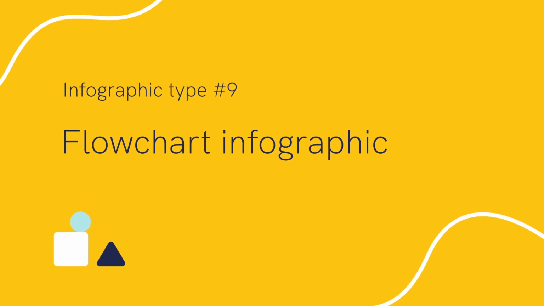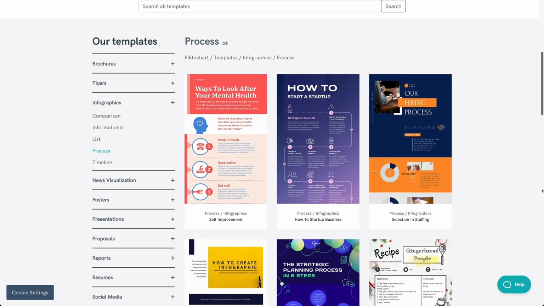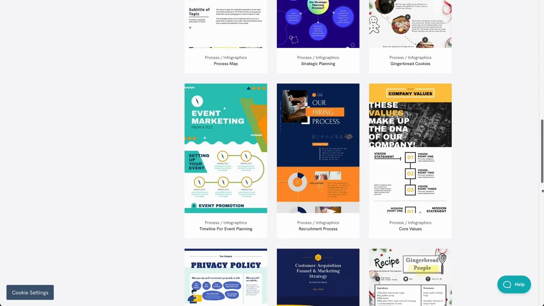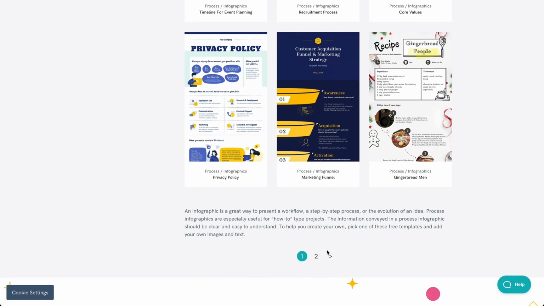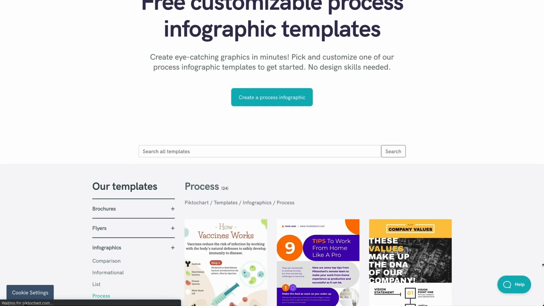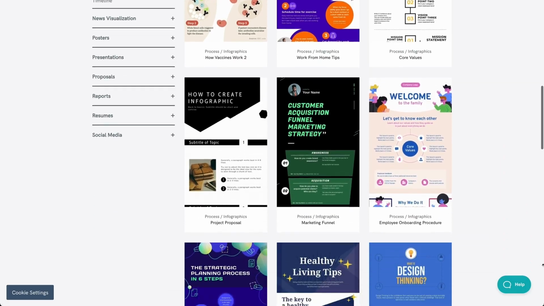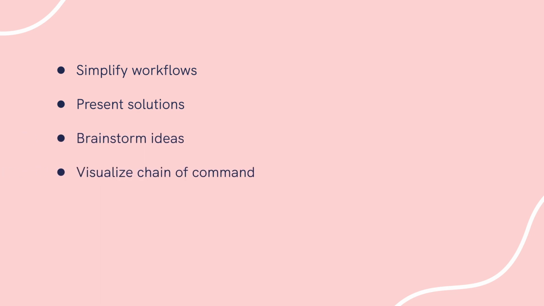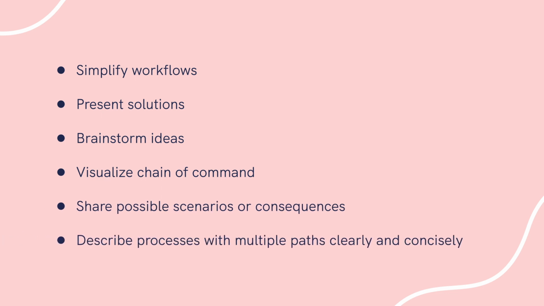Infographic type 9. Flowchart infographic. The flowchart infographic is a powerful infographic format to simplify workflows, present solutions, brainstorm ideas, visualize chain of command, share possible scenarios or consequences, describe processes with multiple paths clearly and concisely.